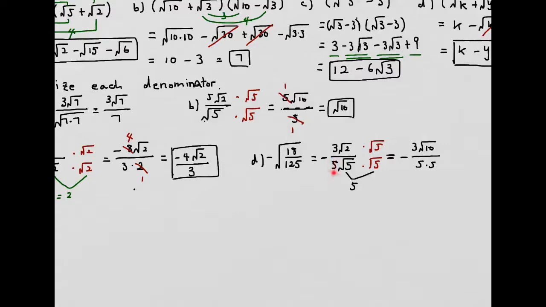You have 5 here before times 5. What do you get? 25. So let's erase that, and I can write 25. And since 3 and 25 don't have any common factors, we cannot reduce any further. That will be your solution.